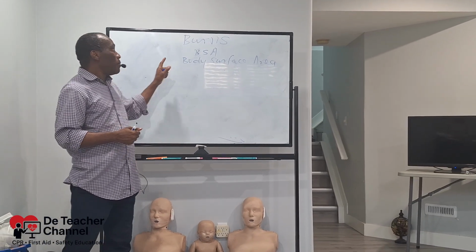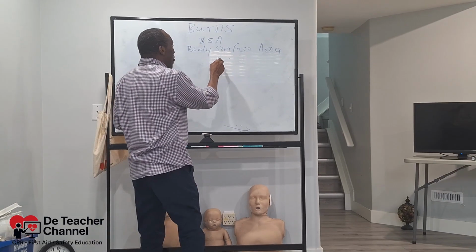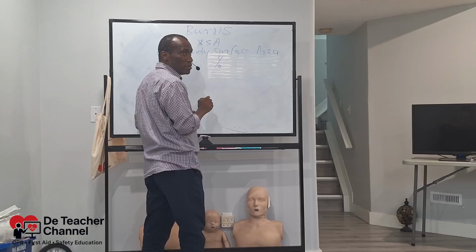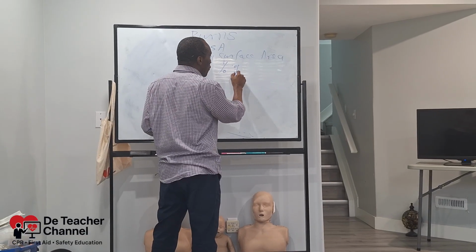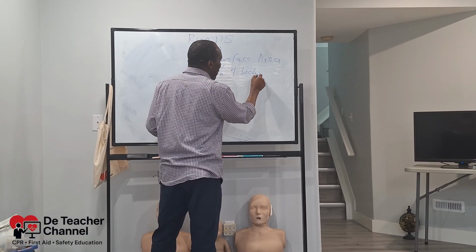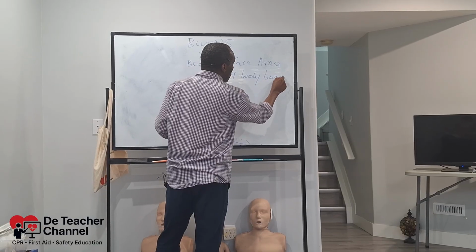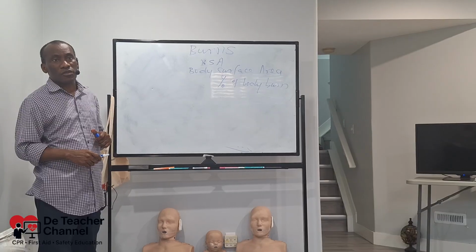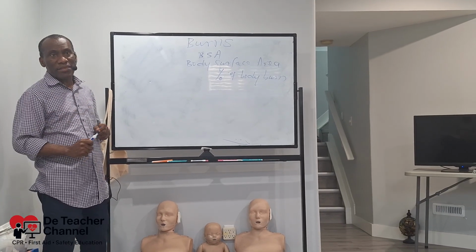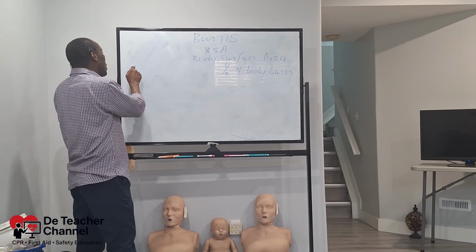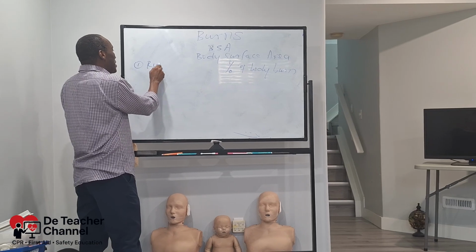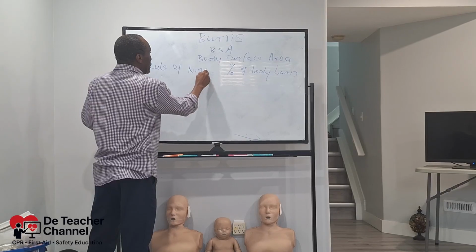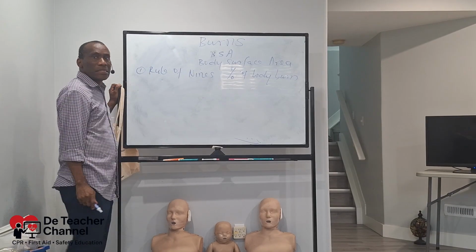So body surface area is how to calculate the percentage of body burn. There are two methods. One method is called the rule of nines.